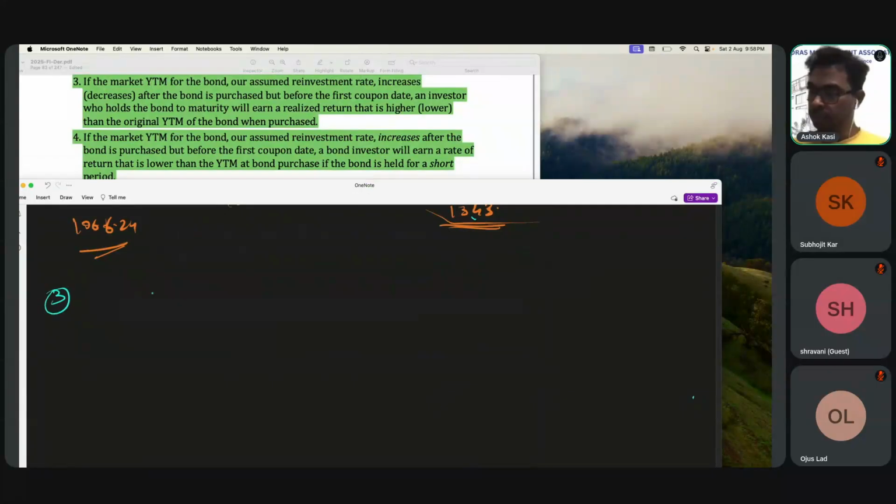That means, imagine it's a 10-year bond. Coupon is equal to 10%. Then IY is equal to 8%.